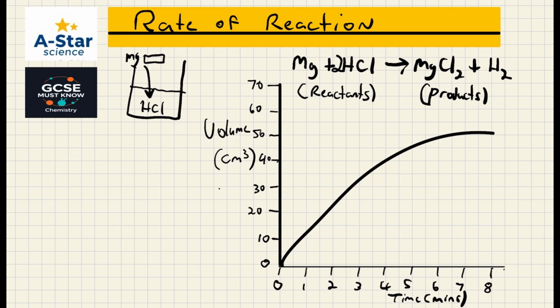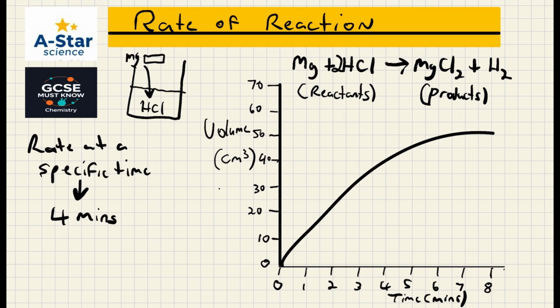The second method that we would use to determine rate of reaction is if they ask for the rate at a specific time. So let's say again, we were going to ask for the rate at 4 minutes.